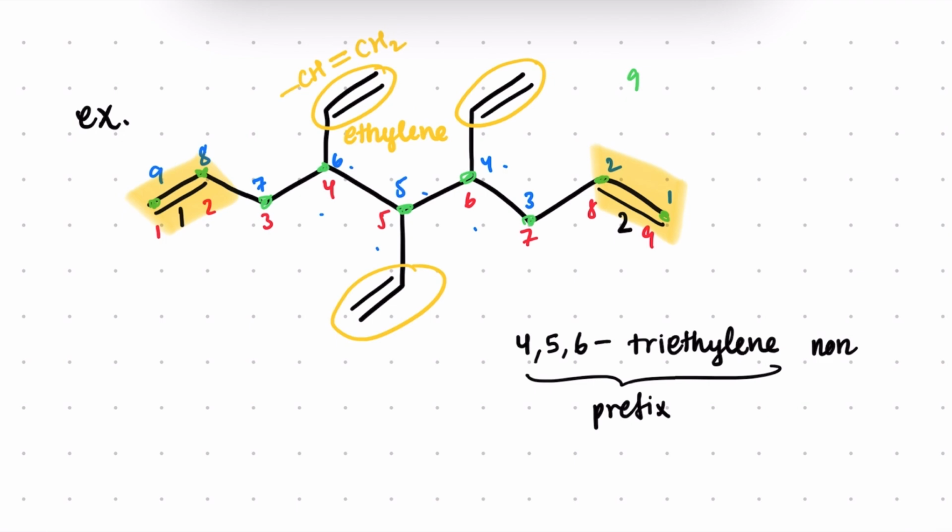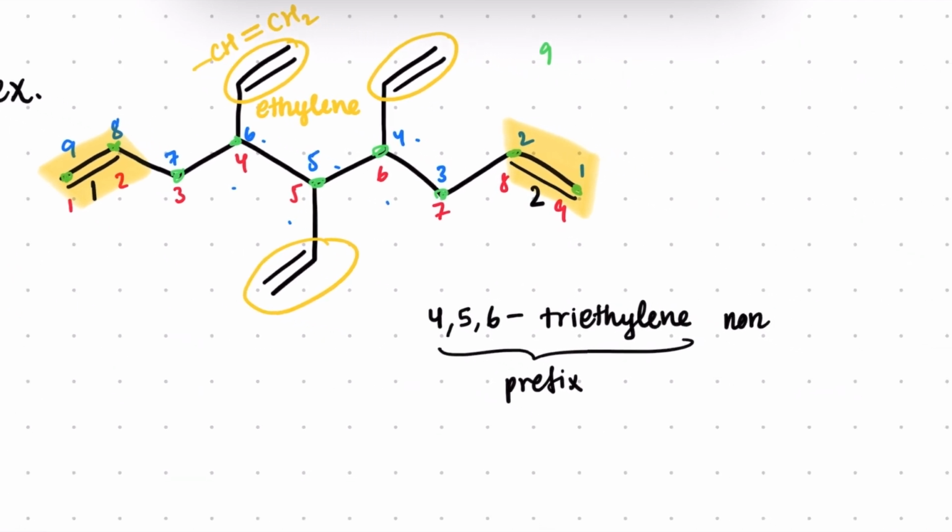So we do di, with a dash, and either way, there is a double bond present at the first carbon and a double bond present at the 8th carbon. So this would be non-1,8-diene.